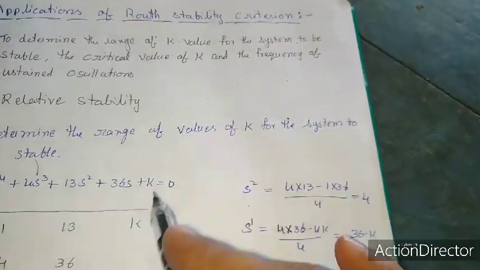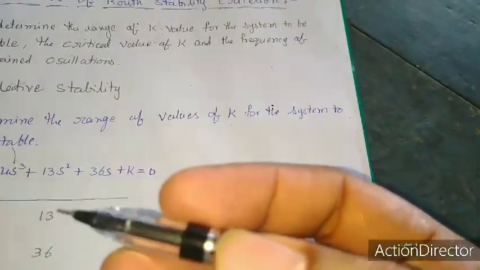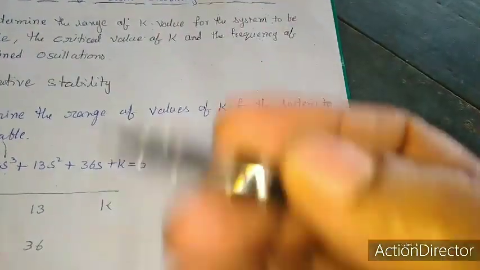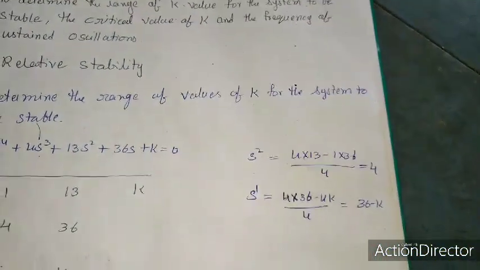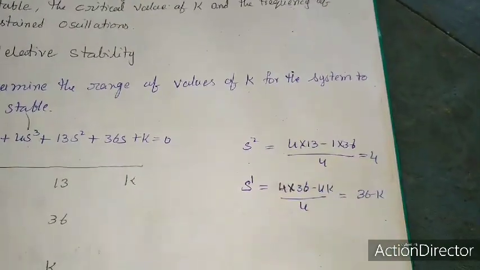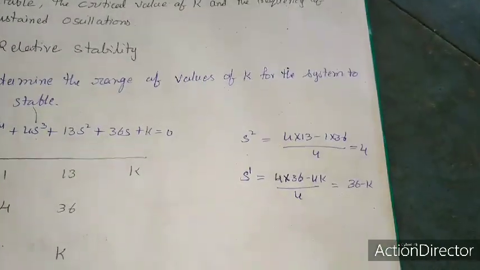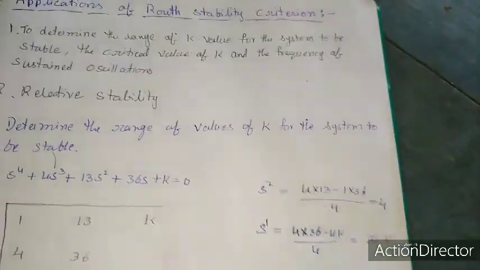From the characteristic equation we got the Routh array, and if the first column elements have the same sign, then the roots are on the left hand side. If any sign changes are there, then that number of roots are on the right hand side, and we judge the stability in that way.